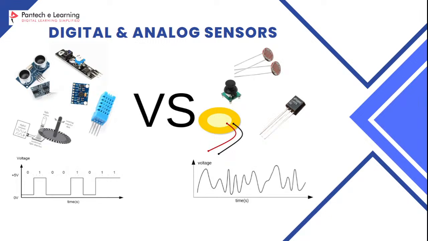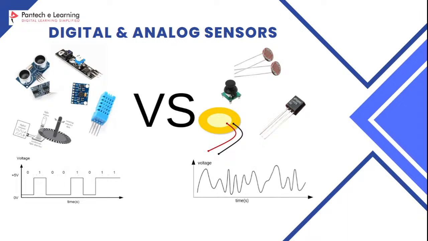DHT11 is an example. Humidity sensor is an example of digital signal. Hall effect sensor, analog. LDR, analog sensor. Okay. So thank you all for your response.